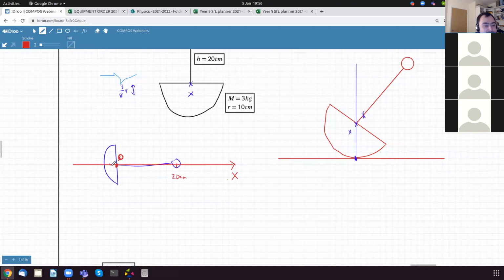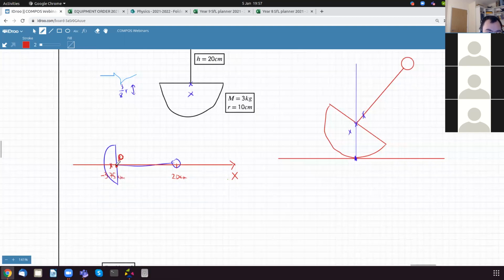And we know that this position is 3/8 of r. So this is going to be 3/8 of 10, that's 30/8. 30 divided by 8 is going to be 3.75, so minus 3.75 centimeters. This point.